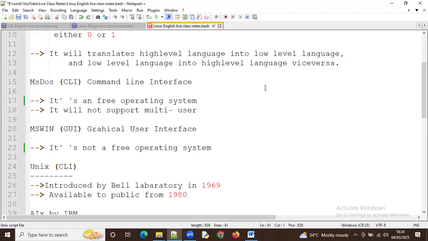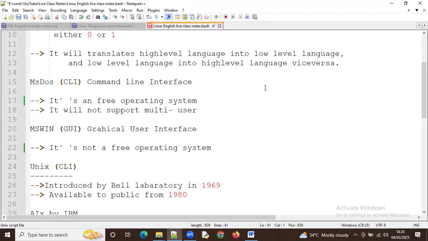That's why Microsoft released another version, that is MS Win. It also comes with GUI, meaning graphical user interface, but it's not a free operating system. We need to purchase the license, and we need to register to use it. And it is completely GUI. MS DOS is CLI, and MS Win is GUI.